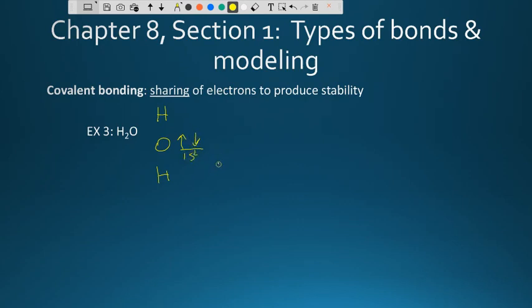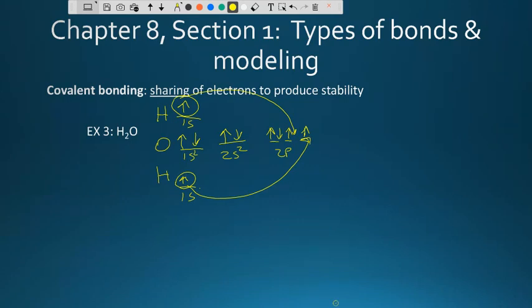So here's my 1s2, here's my 2s2, and then it starts at the 2p is where things get interesting. Okay, so we're going to see 1, 2, 3, and then with my oxygen, we're going to have 1, 2, 3, and 4 electrons. Now, hydrogen has only 1 electron right here. And so what's going to happen is one of these is going to go here, and the other one is going to go here.